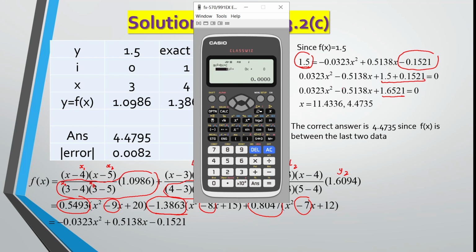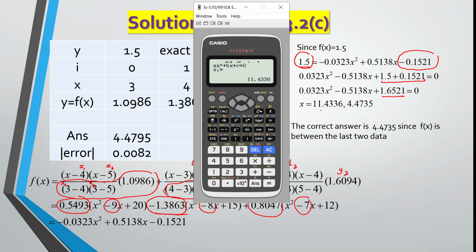Key in the coefficients of your quadratic equation: 0.0323, and then the linear term is negative 0.5138, and the constant is 1.6521.